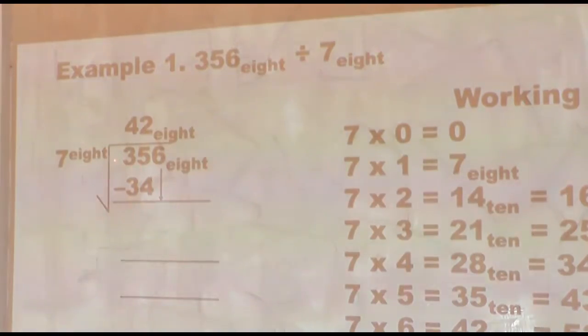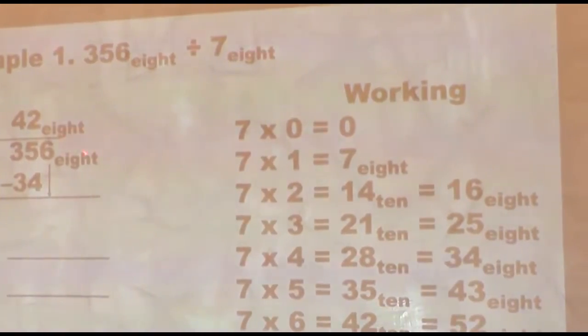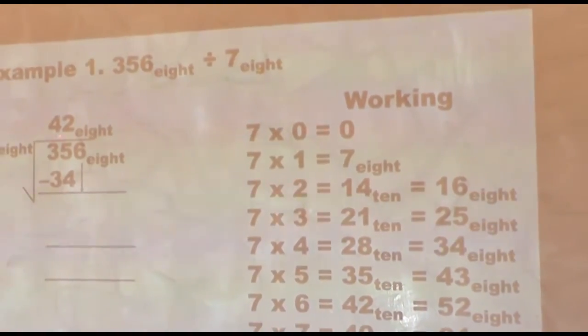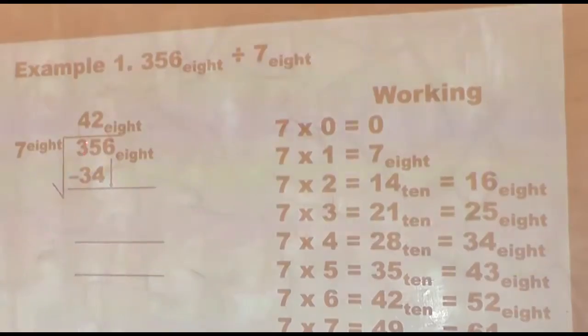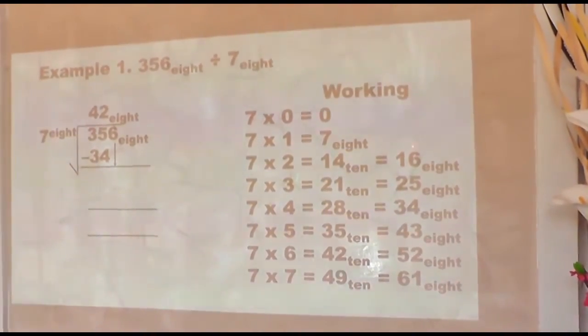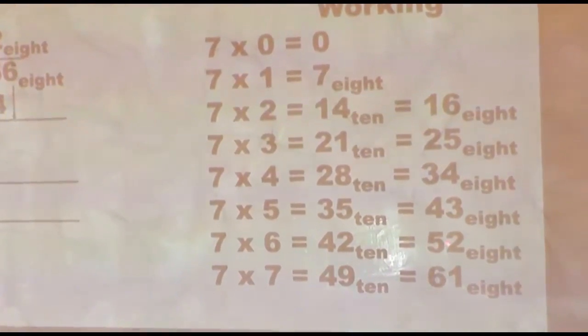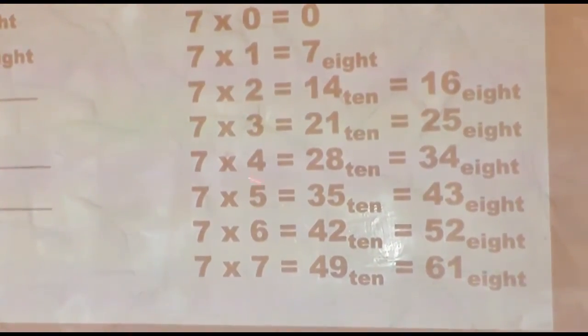So if 7 is dividing 35, let's come back to our table. From this table, what value do we have that is closest or equal to 35? We have 16, 25, 34, 43, 52, and 61.